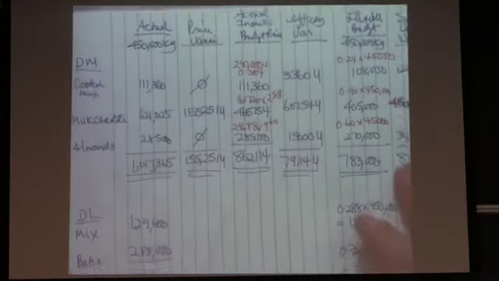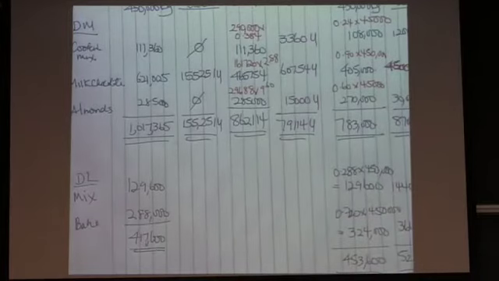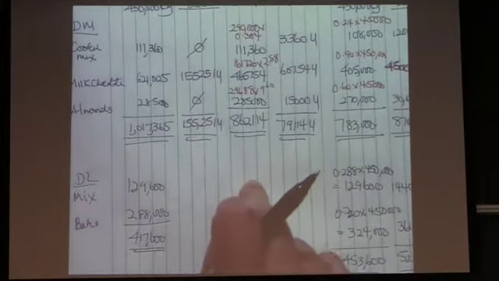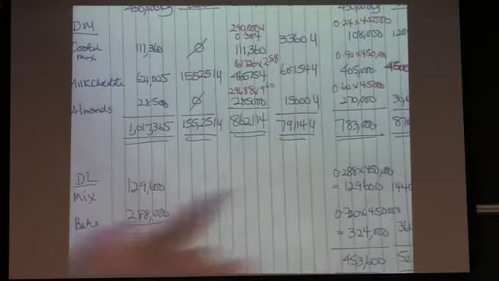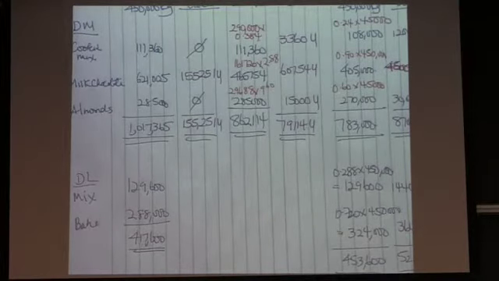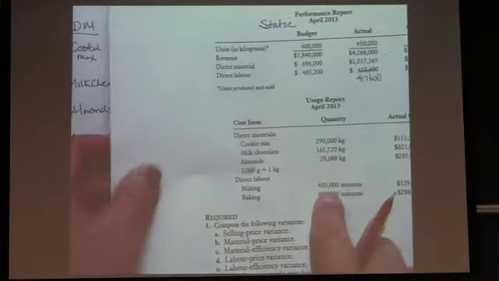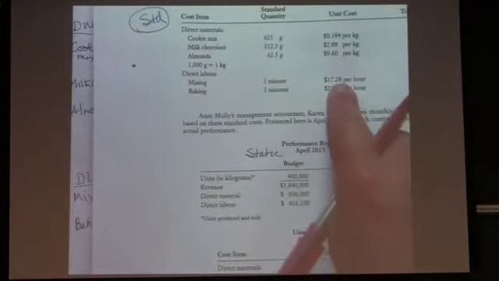Same thing with labor. With labor, it took us 450 minutes to mix. How do I know that? Well, we're told that. How much is it per hour? It should have been $17.28 per hour.